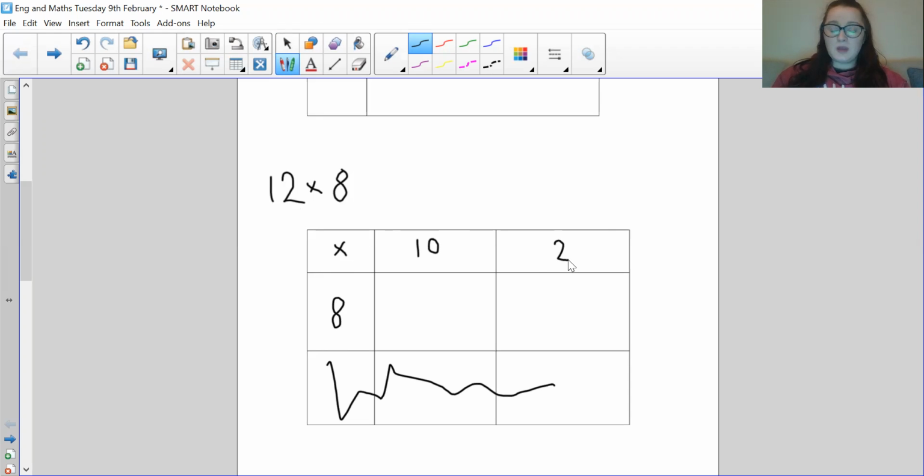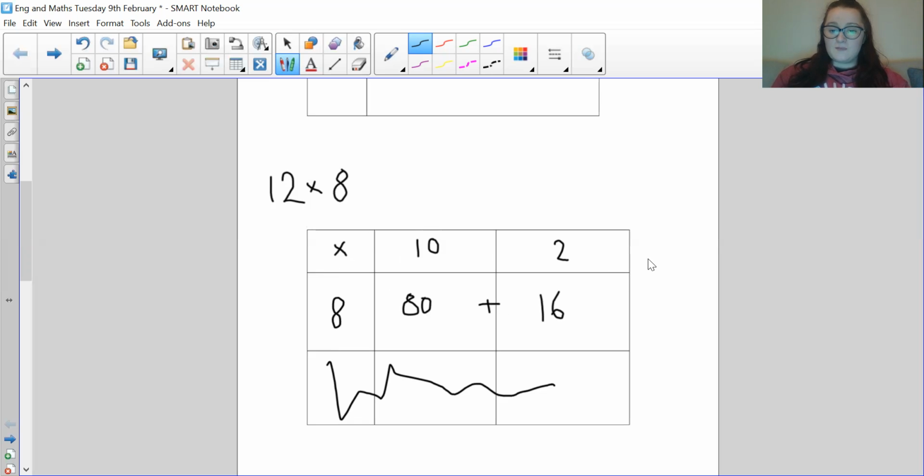Right, what I'm going to do now is carry out my multiplications just as I would using my grid method. So I've got 8 times 10, which we know is 80. We did that on the estimation, didn't we? And then we've got 8 times 2, so 8, 16. There we go. So then we're going to add these together.